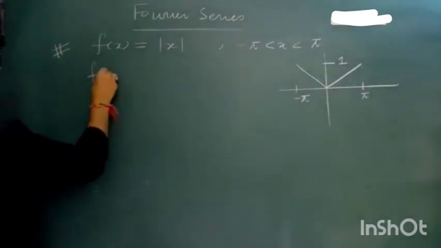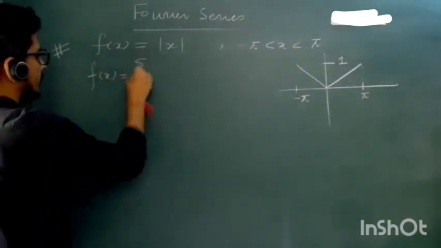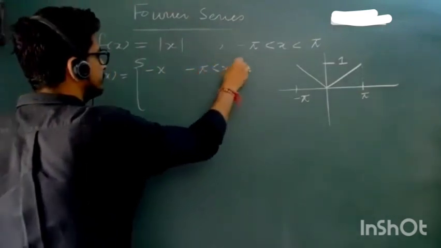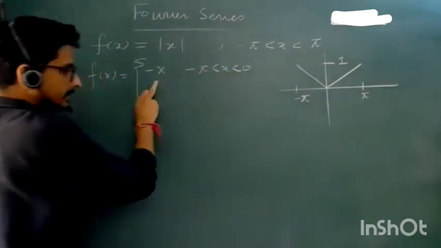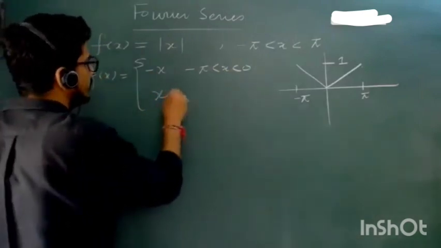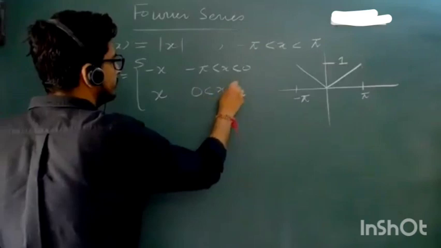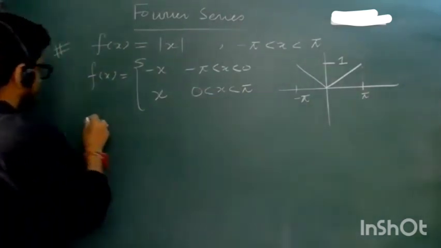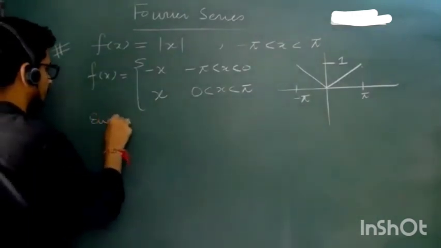So we write it like this, f(x) is equal to, in negative domain I write it like this, -x, so that when the values of x are negative it becomes positive, and in positive domain it is x. Please see this. Correct? So this is beyond doubt an even function.